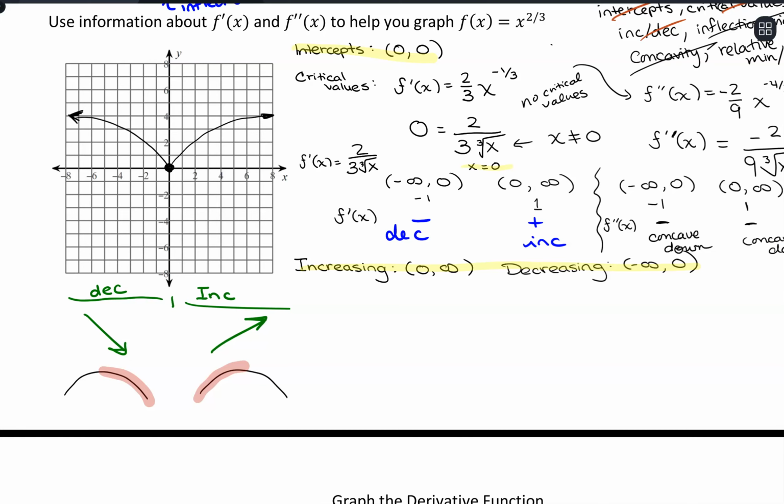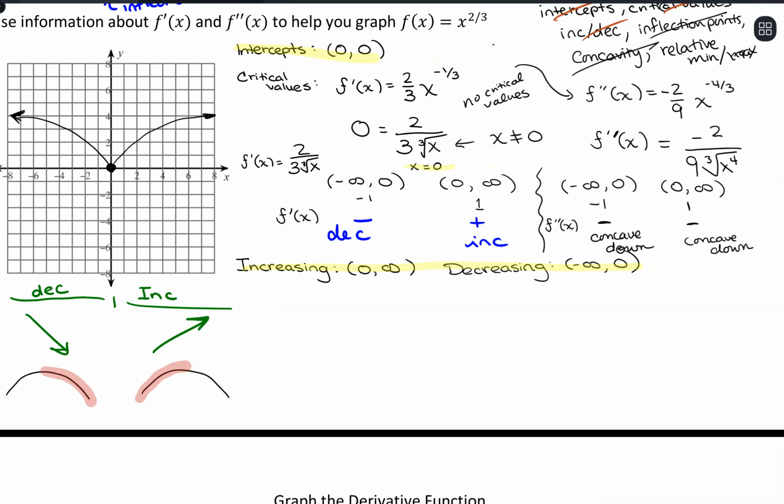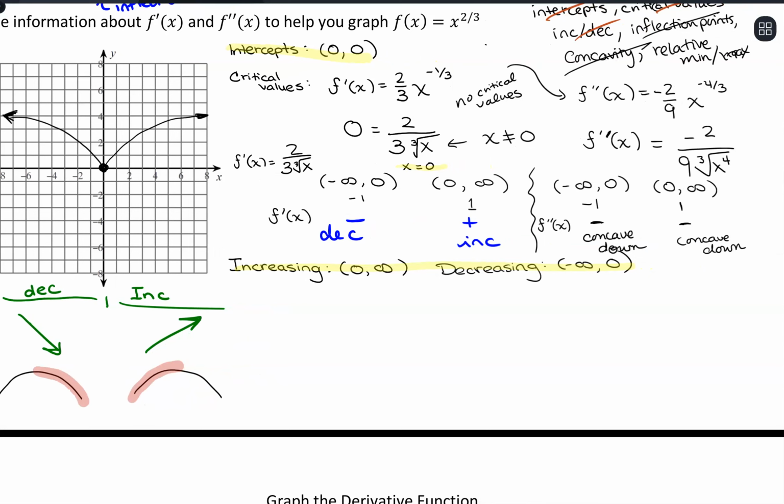Some of these, you'll have these nice critical values, and that'll set up your intervals to work with. But going through these, what we can see from the graph is this would be a minimum value at 0, 0. So we would have a relative minimum at 0, 0.